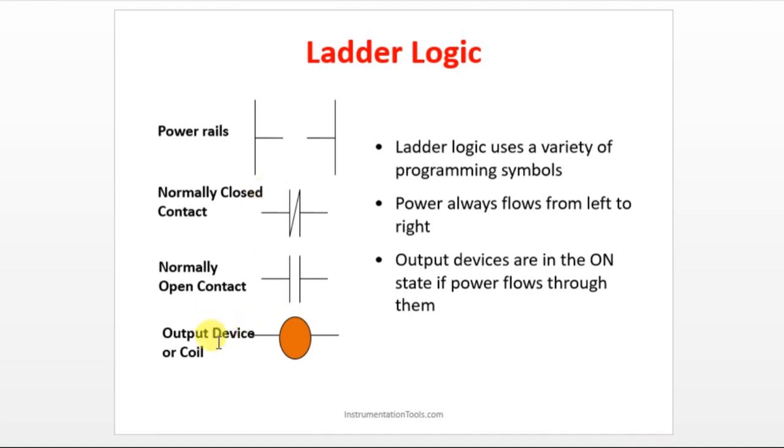And we have an output device, which in our example is a fan. This may be an input and that will be connected to the output. If you turn on, it will be on. If you turn off, it will be off. When it comes to normally closed contact, initially your output will be in on condition. If you disturb the switch, it will go to off condition. So that's the very basics of ladder logic.